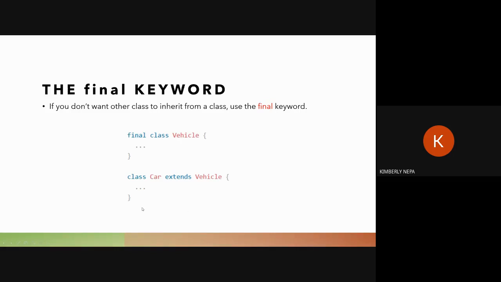So meaning to say, car now cannot extend vehicle because vehicle is already final. Get it? If you don't want other classes to extend from this class, you have to put final class. Understood? Yes, ma'am. Okay.